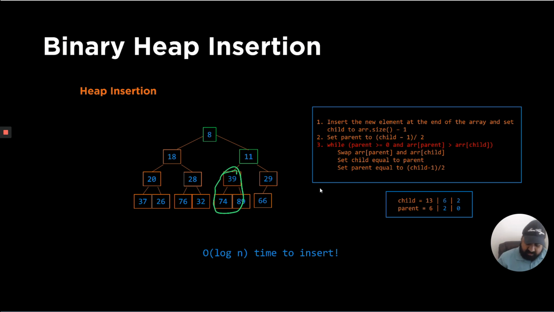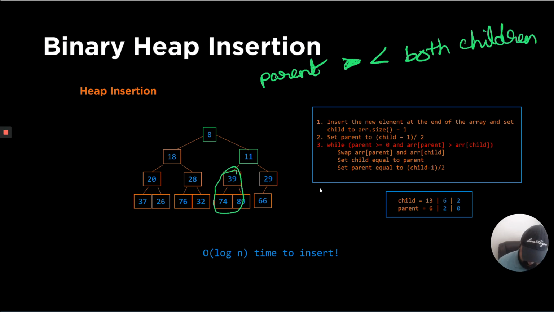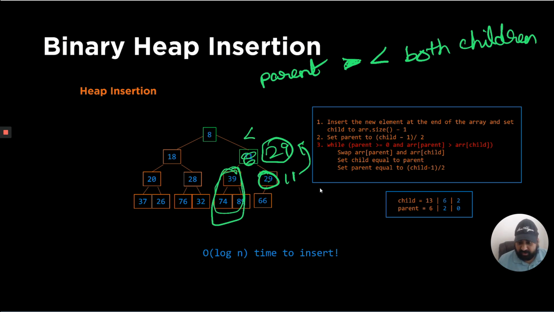So the key idea is, since the property of a heap is that the parent should be less than both children in the case of a min heap, once we swap these values, let's say here it was 29 and here it was 11, since we are swapping 11 with 29, which is a lesser value than the current parent, we know that we are swapping with a lesser value, so it's automatically going to be lesser than the left subtree, and the left subtree's property is going to stay true.